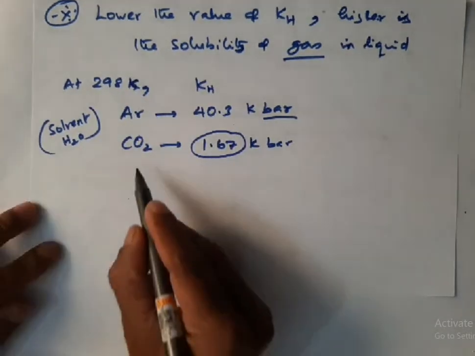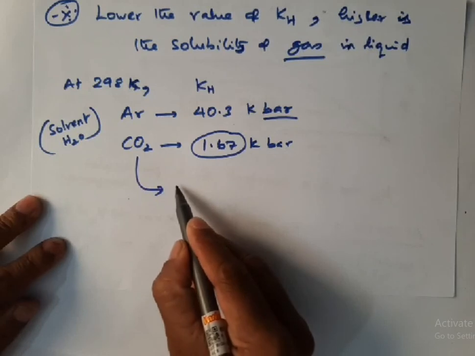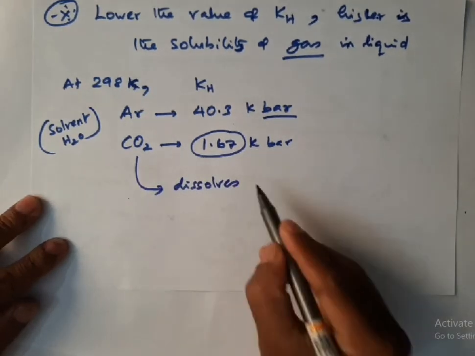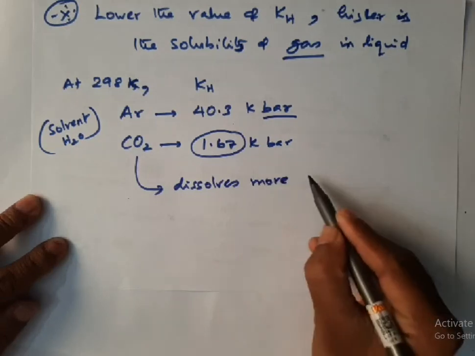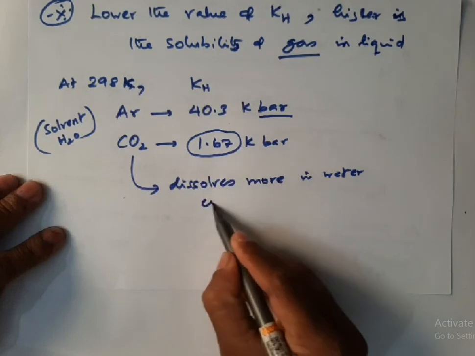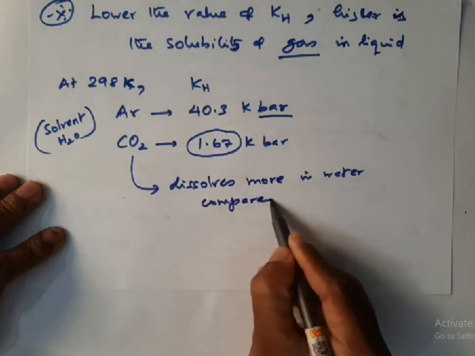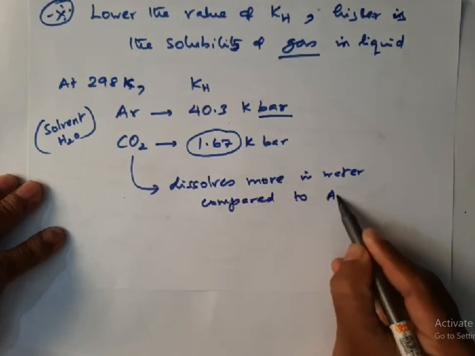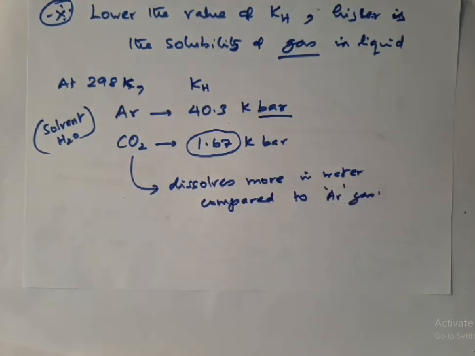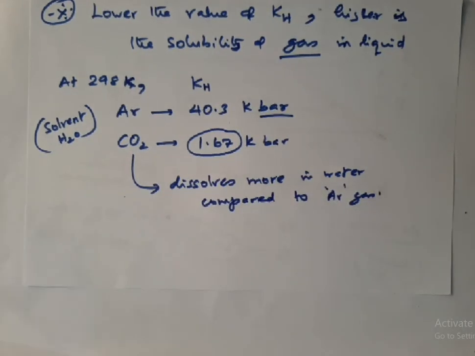So CO2 dissolves more in water compared to argon gas. That's the meaning. Keep this in mind: the lower the value of KH, the higher is the solubility. So this is what we call Henry's law.